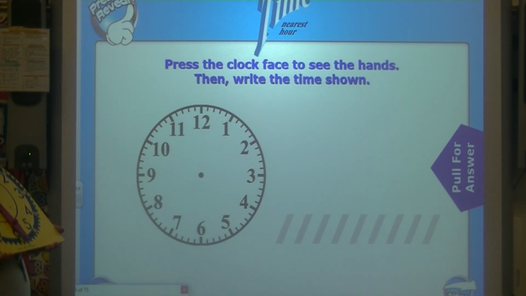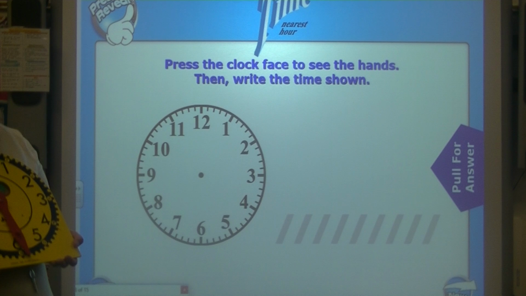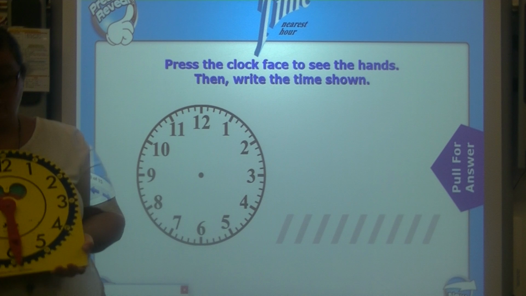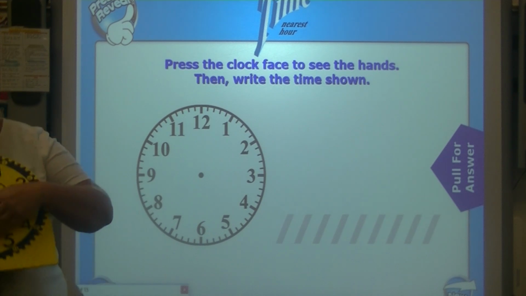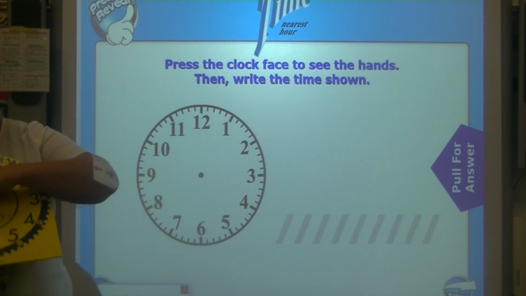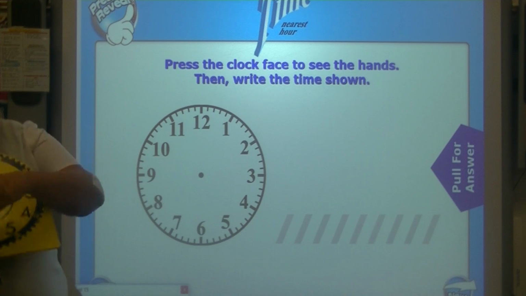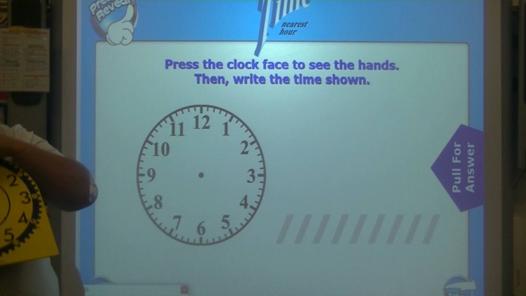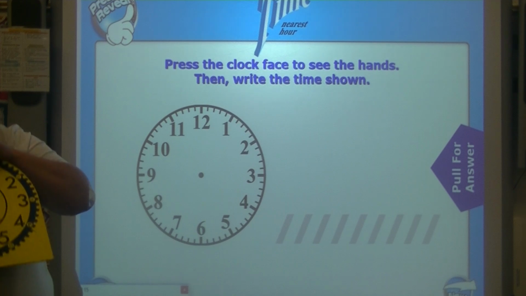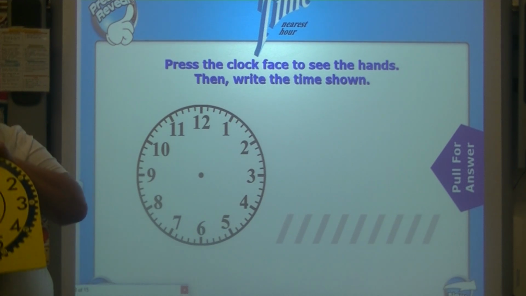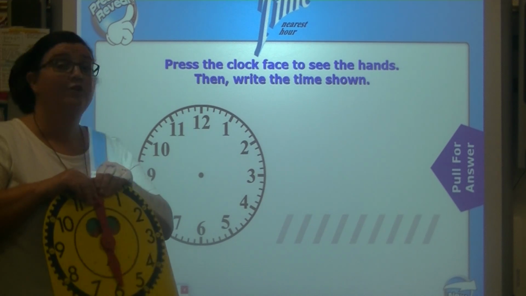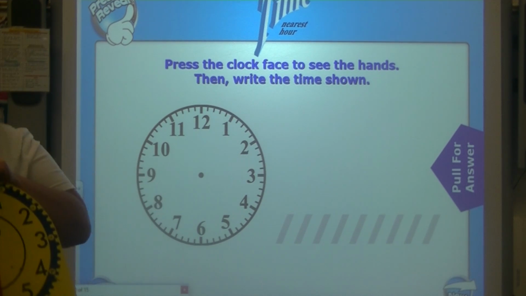So we are going to tell time to the hour. If it is time to the hour, there are no minutes yet. So if there are no minutes yet, 0, we are going to put our minute hand up at the top. So you can move your minute hand, your orange hand, up to the top.